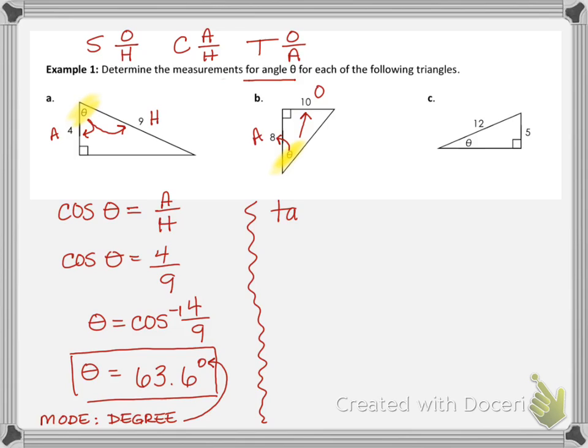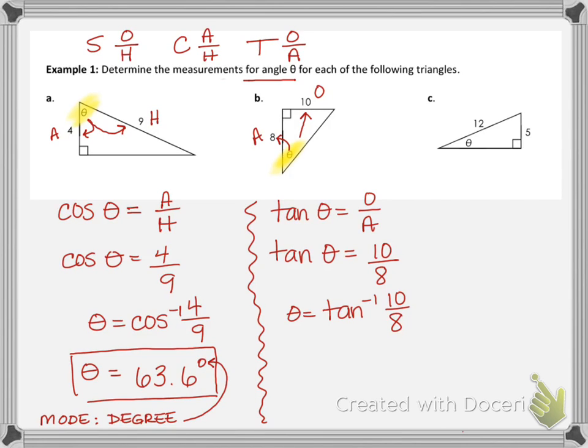So we write our equation: tan theta is opposite over adjacent. Let's substitute what we have. So the tangent of theta is going to be the opposite length over the adjacent length. And in order to isolate theta, I have to take the tan inverse of my ratio.